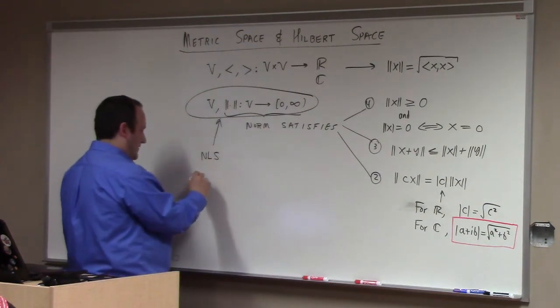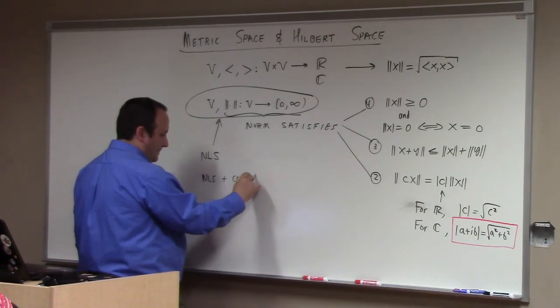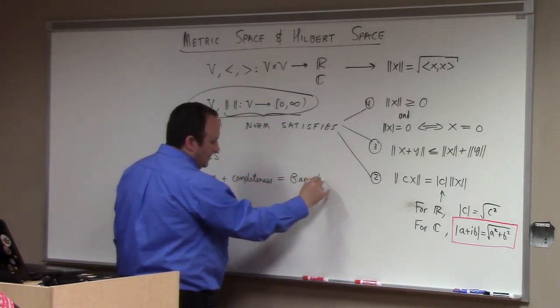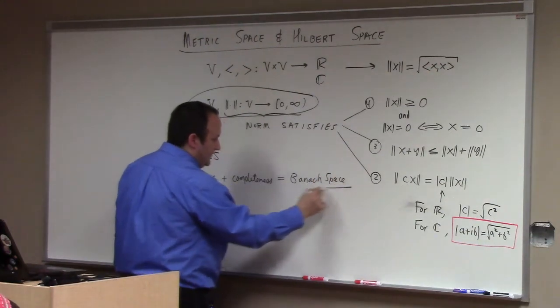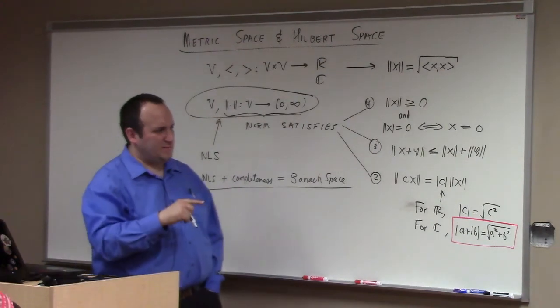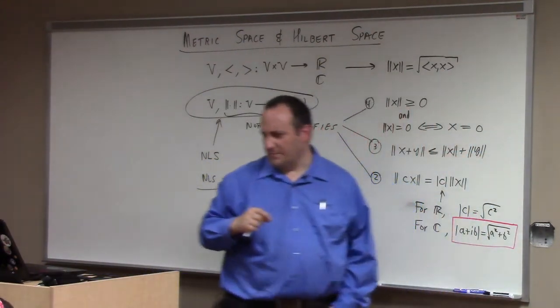If you take a normed linear space with the completeness property, then that's what's called a Banach space. I do not assume the Banach space has to be complex. The Hilbert space also has an inner product. That's the thing I'm forgetting.